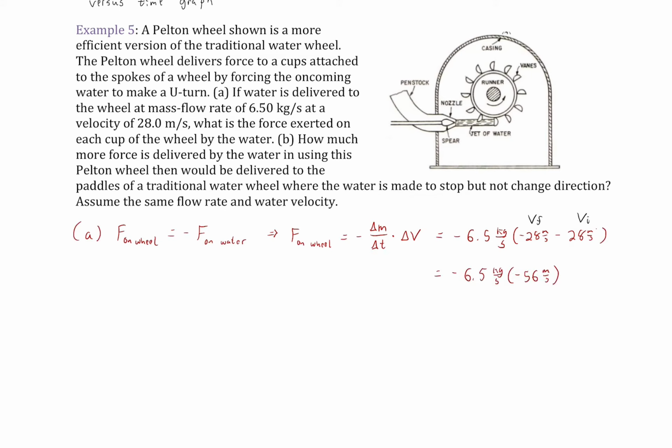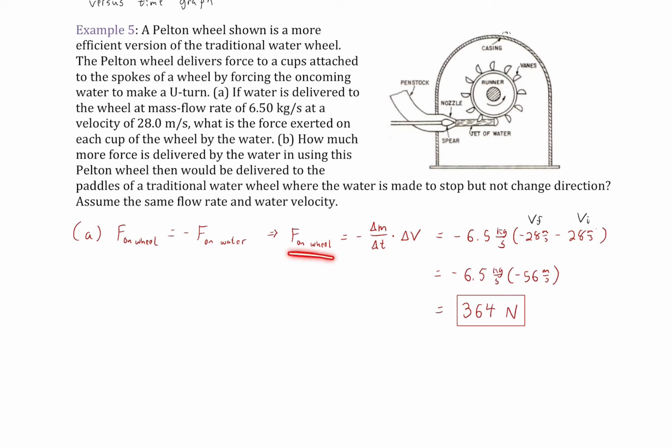Well, they will in the next step at least, because I have the negative of my flow rate, negative because of Newton's third law. And then my change in velocity is negative, because something was going in the positive direction and gets pushed back in the negative direction. So it's just 28 times 2, a net change in velocity of negative 56 meters per second. But now the negatives cancel, and I have 364 newtons. Why should they cancel?